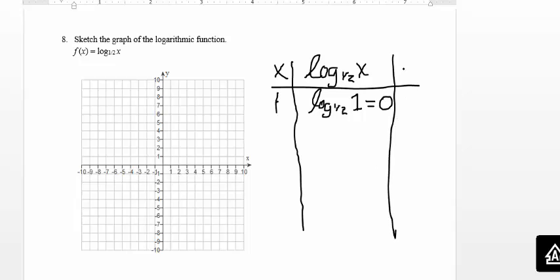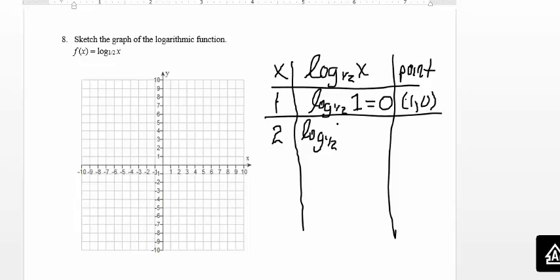So I'm going to plot the point (1, 0). Now I'm going to pick 2. So the base 1/2 log of 2 is actually -1.